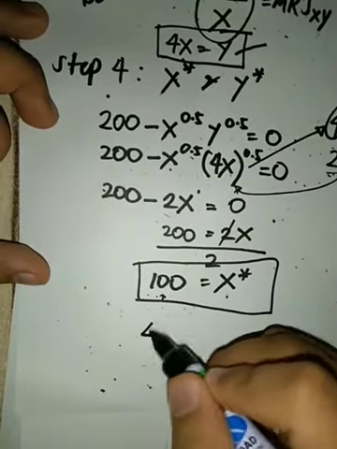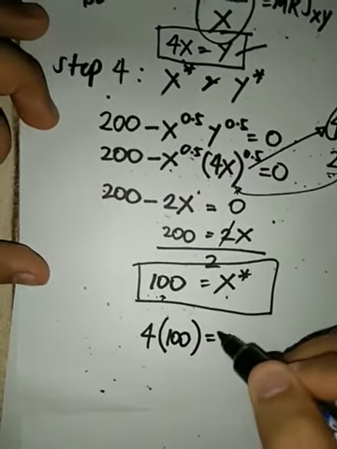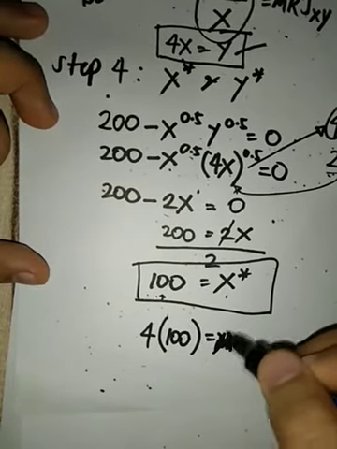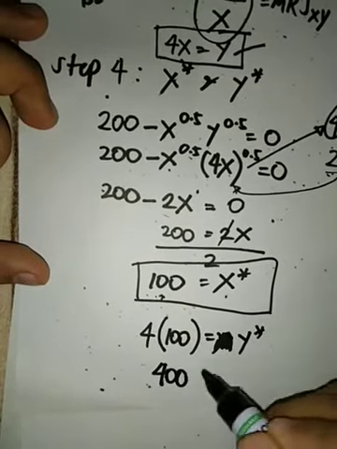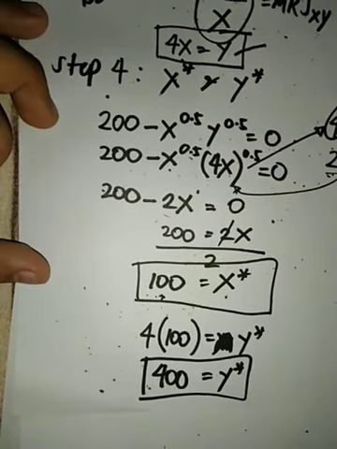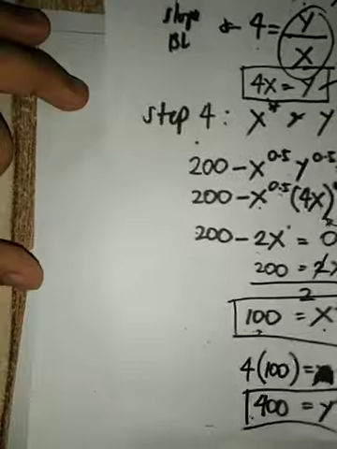So, magiging 4 times 100 is equals to y, sorry. And this will become 400 is equals to y. So, yan na. Nakuha na natin yung dalawang goals.